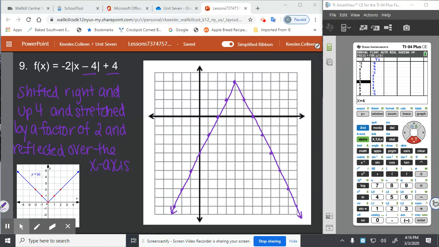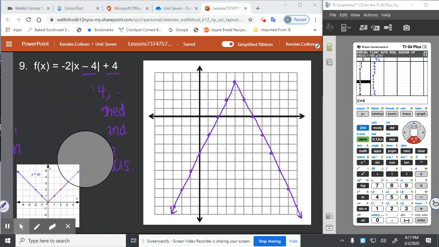Yes, I'm sure you're laughing at me now because of my little slip up there, but you see what I meant there. So this one was shifted right and up 4, and stretched by a factor of 2 and reflected over the x-axis. All of those things. So we could fix our wording here. This could be right 4, up 4, stretched by a factor of 2, and reflected over the x-axis.